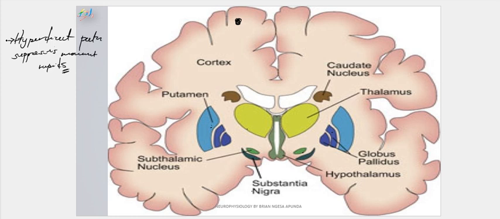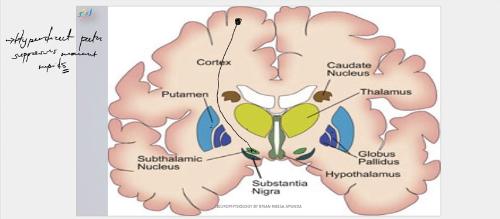The pathway does not pass through the caudate and putamen, but rather goes straight to the subthalamic nucleus, of course using glutamatergic neurons, meaning it releases glutamate at the end. So it normally excites the subthalamic nucleus.